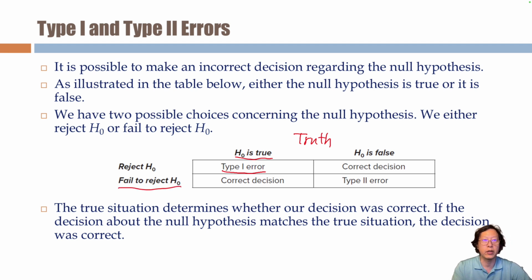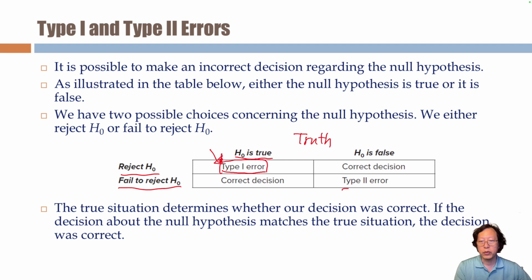That should be the case, but somehow we can reject the null hypothesis. That's possible because we are collecting a sample. Always there is a possibility our evidence is kind of wrong, some very special case, and then we reject the null hypothesis even though the null hypothesis is true. That error is what we call the type 1 error.